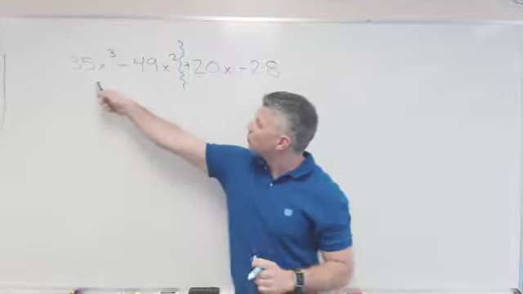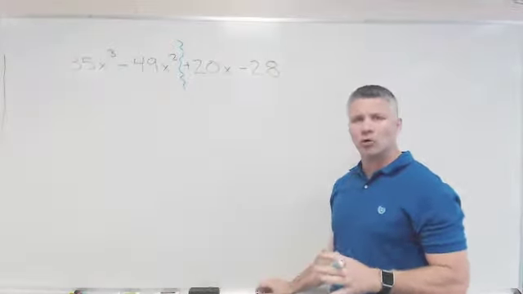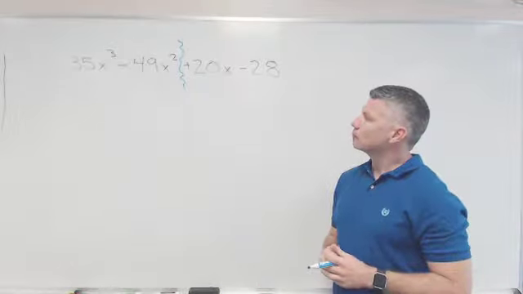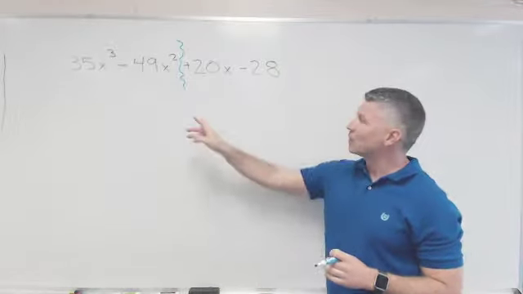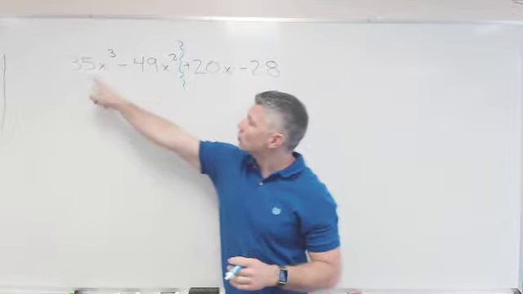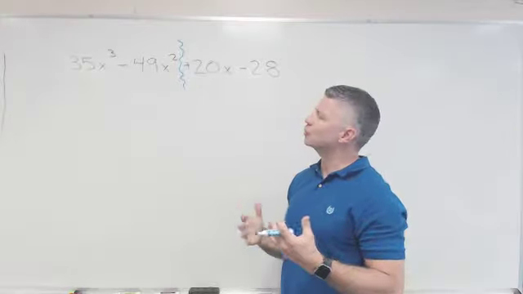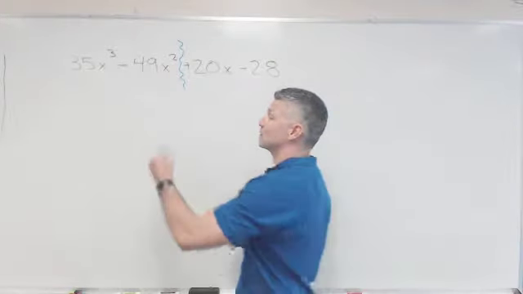When I look at 35x cubed minus 49x squared, if it was its own problem, I should see that I have a greatest common factor here. The greatest common factor of 35 and 49. What number goes into both 35 and 49? That's 7.